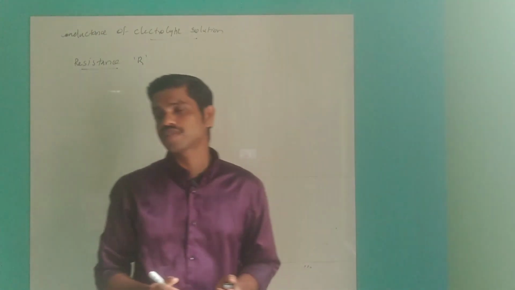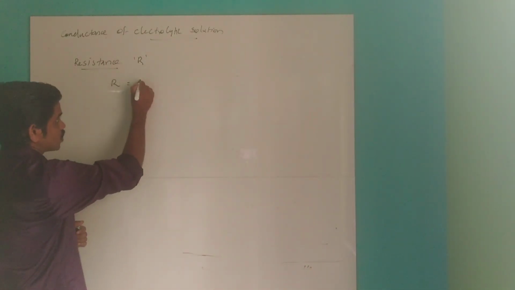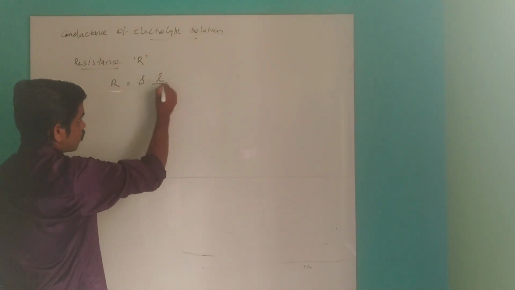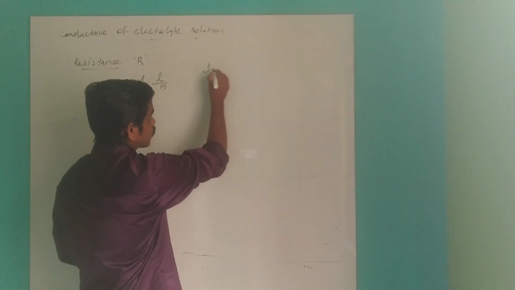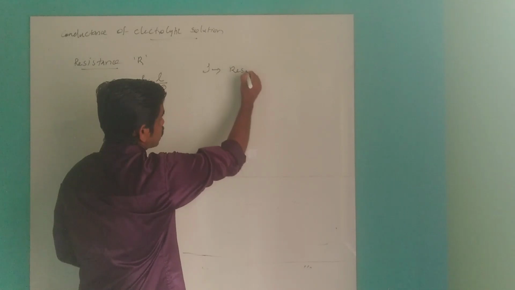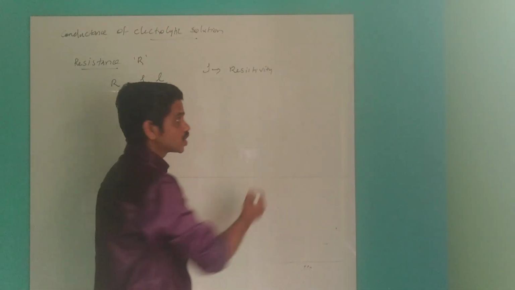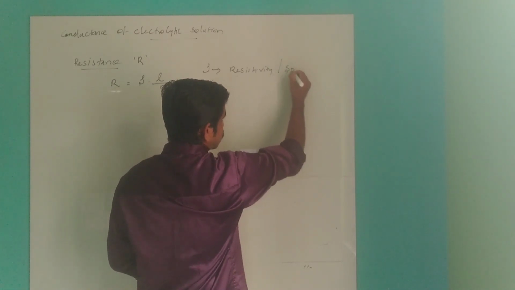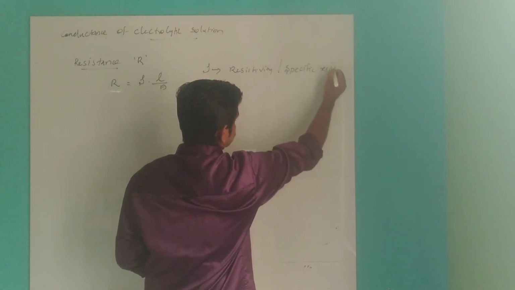You can find the resistance by the formula R is equal to rho into L by A, where rho is called the resistivity or specific resistance.